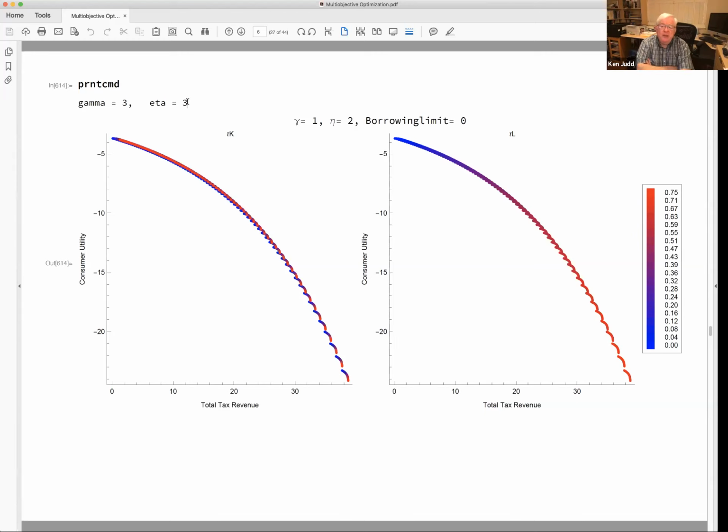Now remember, the borrowing limit here is important, because even when you could borrow, there's a little tax detail here that's important. If you hold assets and then you have interest income, you get taxed on the interest income.